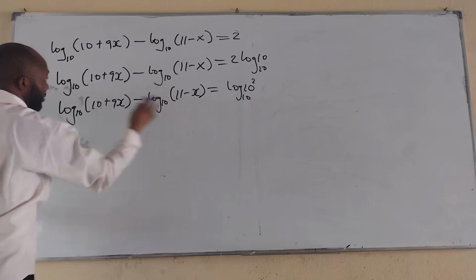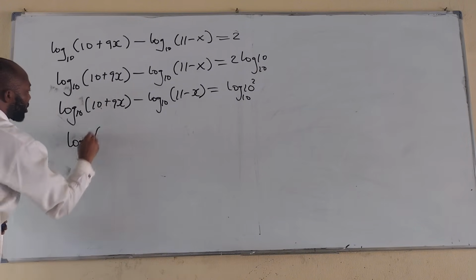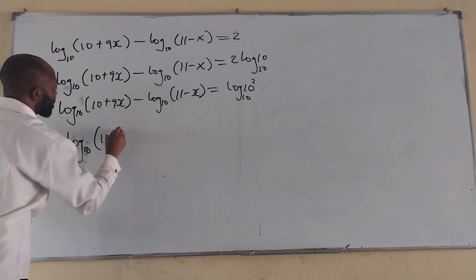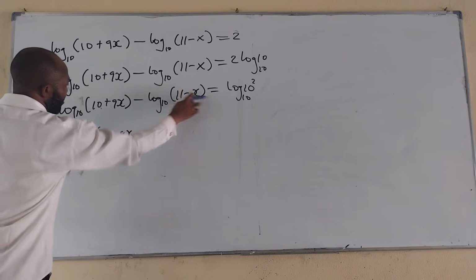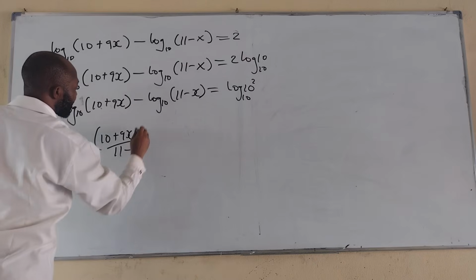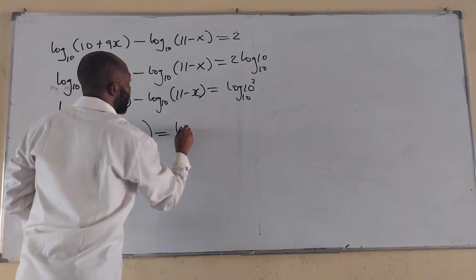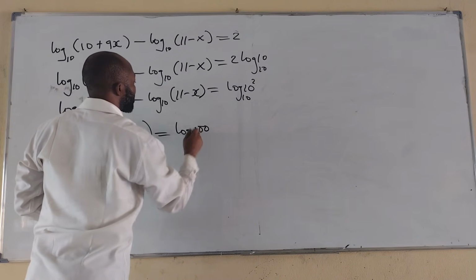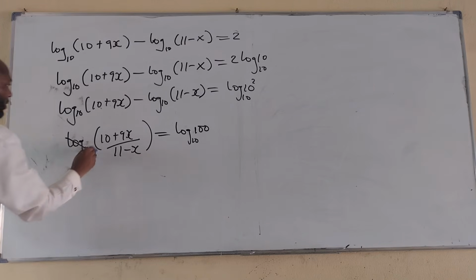So now I can factorize: log in base 10, open bracket, 10 plus 9x divided by, minus sign means divide, 11 minus x, close bracket, is equal to log in base 10 of 100. 10 squared is 100, so I can cancel the logs.